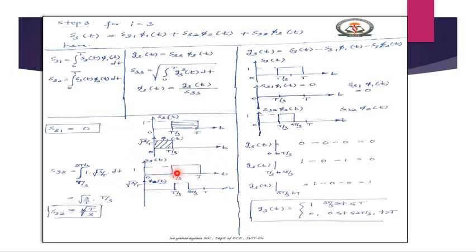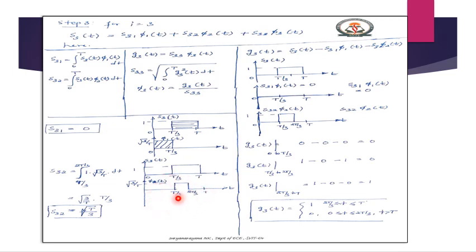So S3 of t, as already given in the question, the same waveform has been written here, and the phi 2 value we already found in the previous slide, in step 2, as root 3 by T when t ranges from T by 3 to 2T by 3. So that is what we have substituted here.